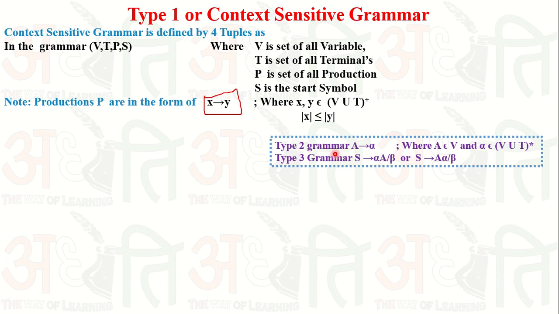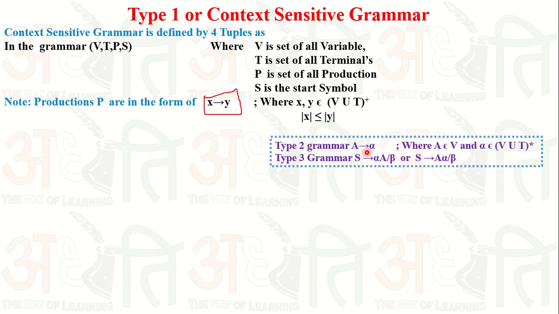While the type 2 grammar is in the form A produces alpha, where alpha is a combination of variables and terminals, star. It may contain the null value, but the important thing is that the type 1 grammar cannot contain the null value, because it is a plus. I hope you understand this. It is just a simple revision for you.